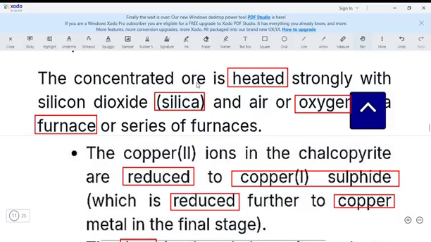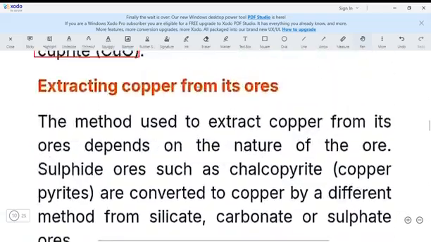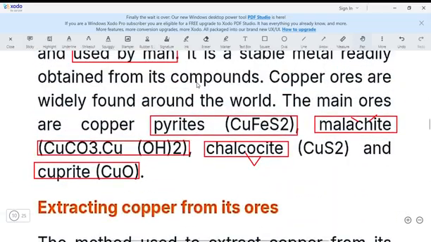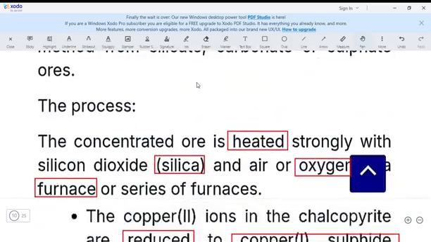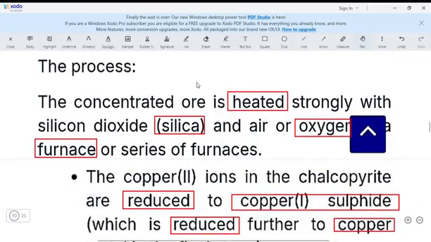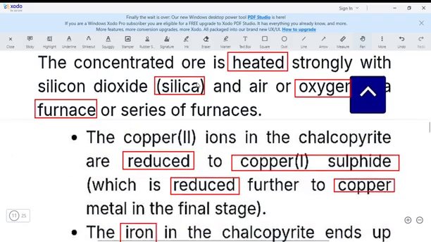So when you take the ore of copper, maybe copper pyrite, CuFeS2, you heat that copper pyrite with silica, that's silicon dioxide, and air, that's oxygen, in a furnace. Furnace is where you heat substances.